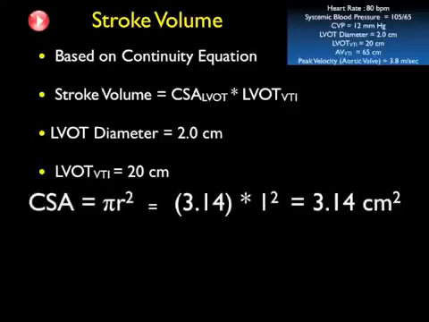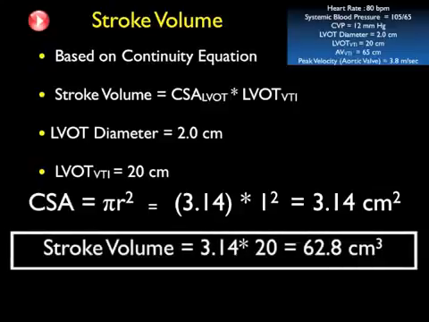The cross-sectional area of the LVOT is pi times the radius squared of the LVOT, which is half the diameter, or 1 centimeter. Thus, the cross-sectional area of the LVOT is 3.14 and the stroke volume is 3.14 times the VTI of the LVOT. The resultant volume is 62.8 cubic centimeters, or 62.8 milliliters.